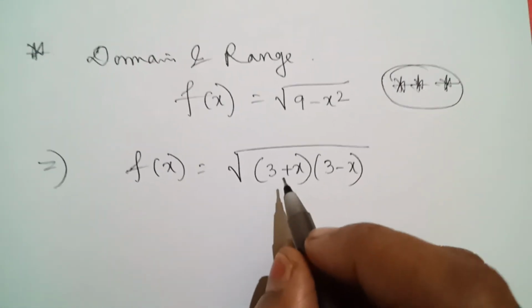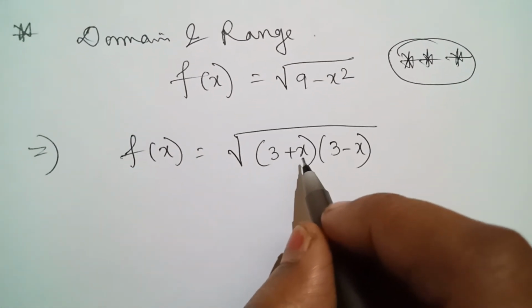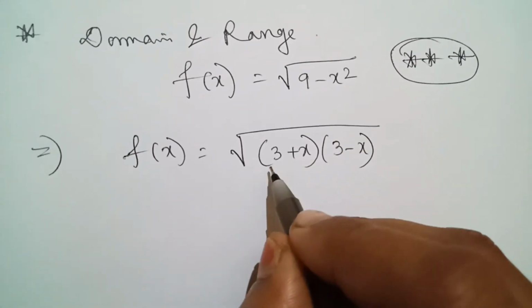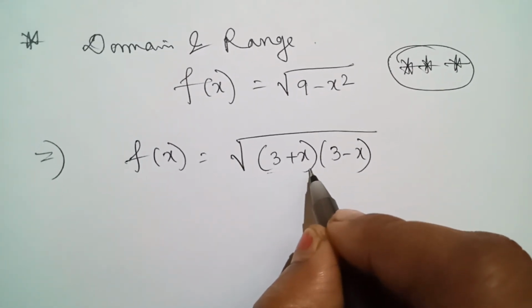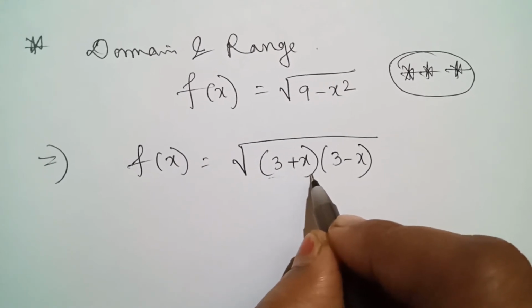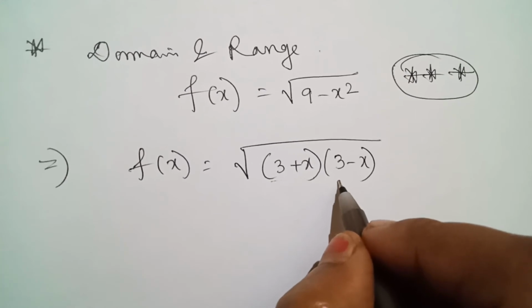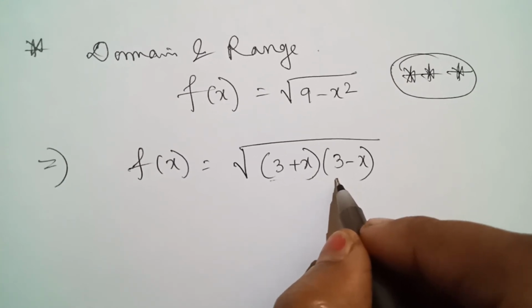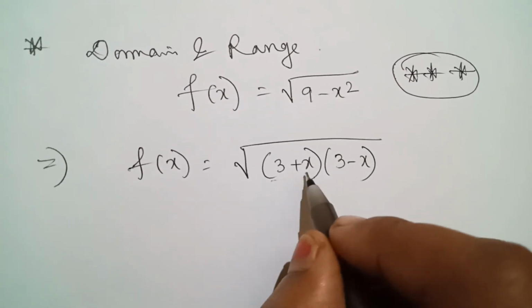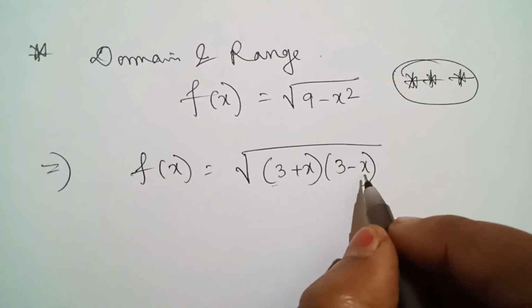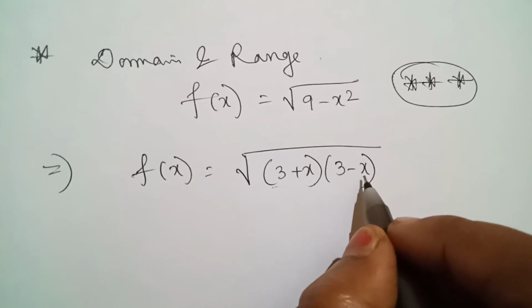Now look, if we put minus 3 in place of x, this part will be 0. If we put 3, this part will be 0.